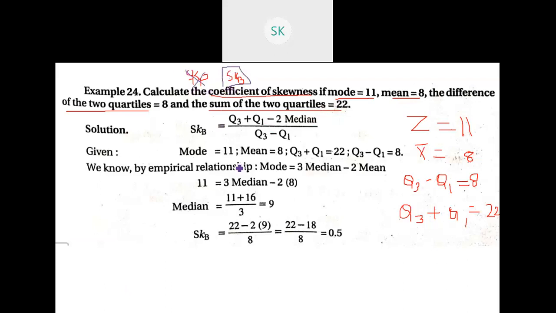I hope everybody understood that. But they have given us mode and mean, how to do that? Before continuing, did you all understand the question first? They have given us mode, mean, Q3 minus Q1, Q3 plus Q1, and they have asked us to calculate the coefficient of skewness.